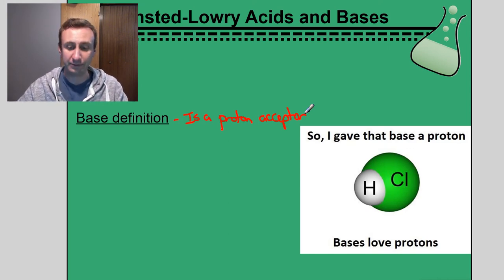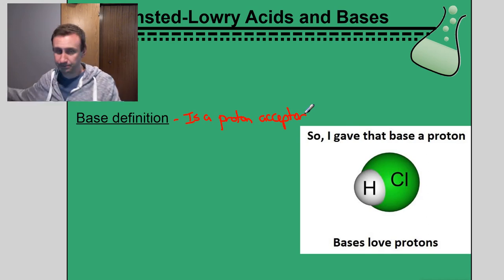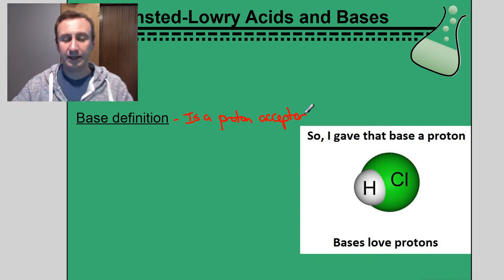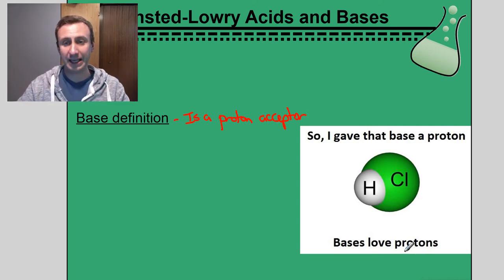Well, that's because when you think about redox chemistry, it's electrons that are transferring. And then in acid and base chemistry, it's protons that are transferring. So actually our work in redox and our work in Bronsted-Lowry acids and bases are very similar. They're not super different. So a base is again a proton acceptor. It gains a proton, and a proton is an H positive ion.